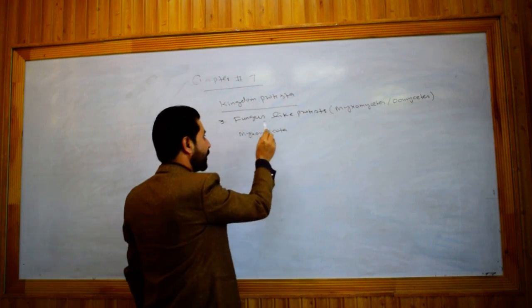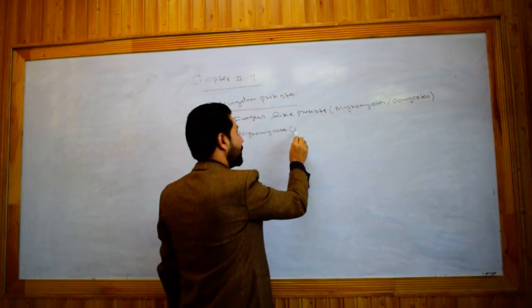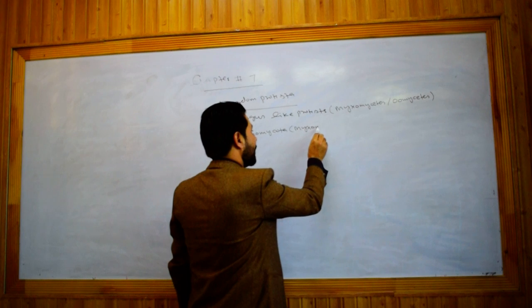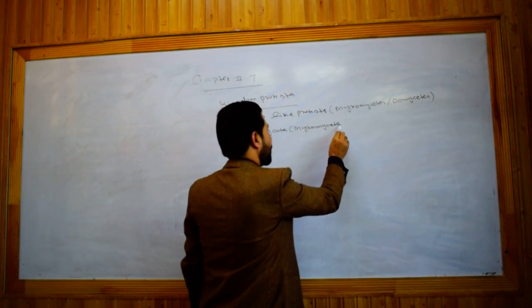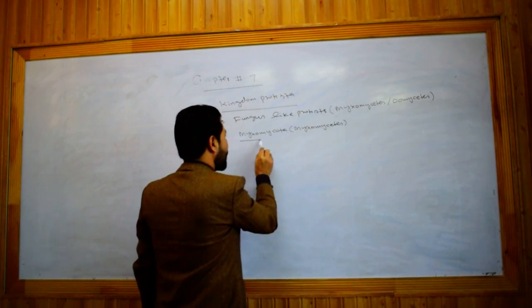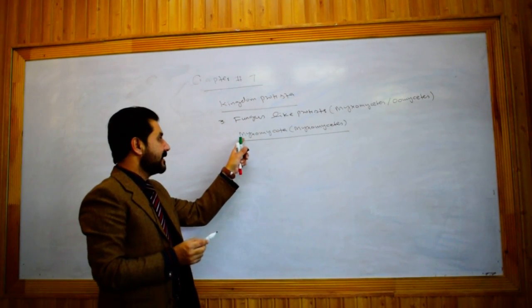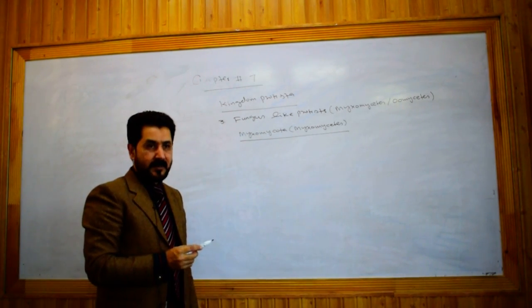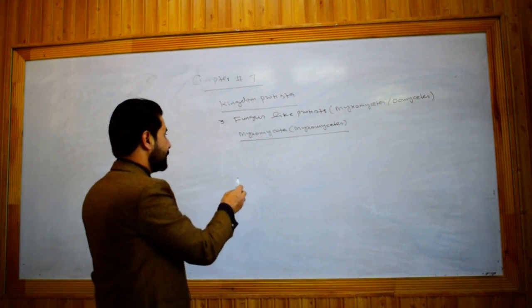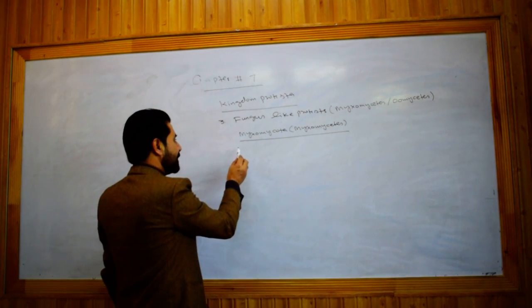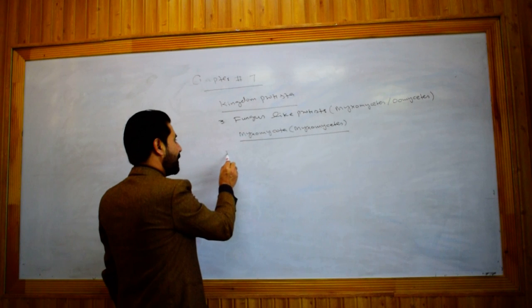Myxomycota is a group of fungus-like protists. The members are called Myxomycetes. Myxomycetes are the members, and the group is called Myxomycota. Myxomycota can be seen on damp places.